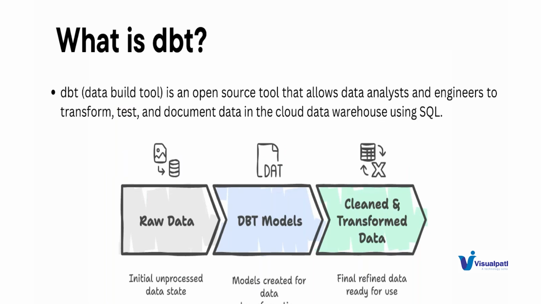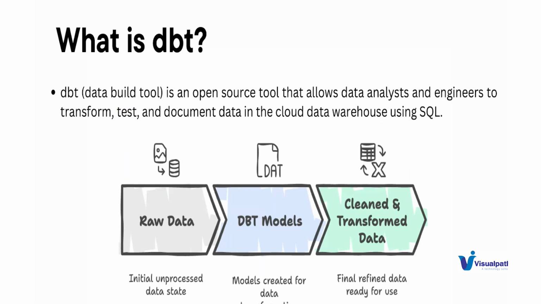And with the introduction of DBT Copilot, I think some two or three months ago, DBT added Copilot also. So it's much easier to do all these things now. You can just directly ask Copilot to create the test, document the data, or create the model for transformation.